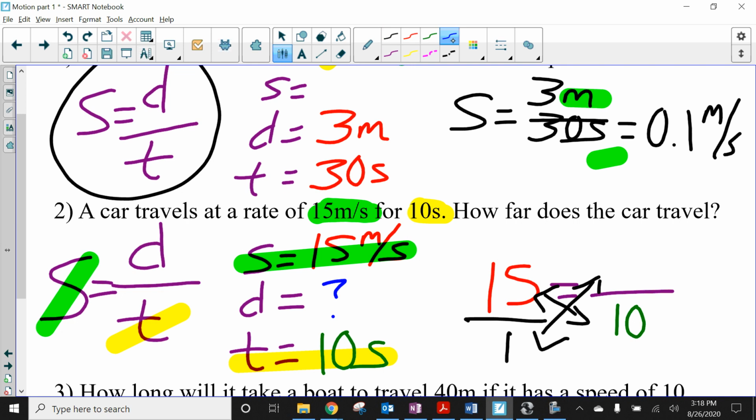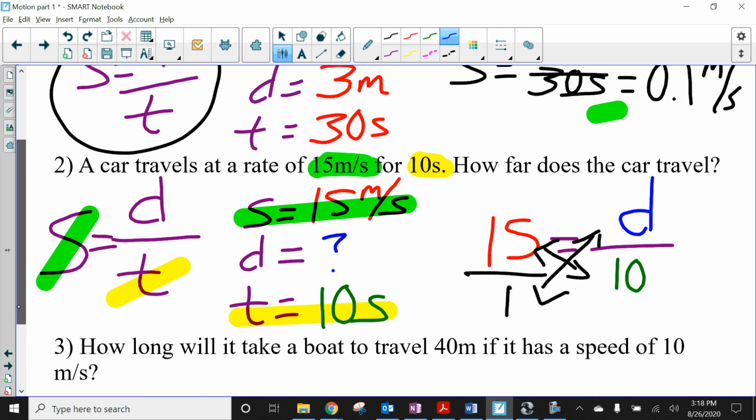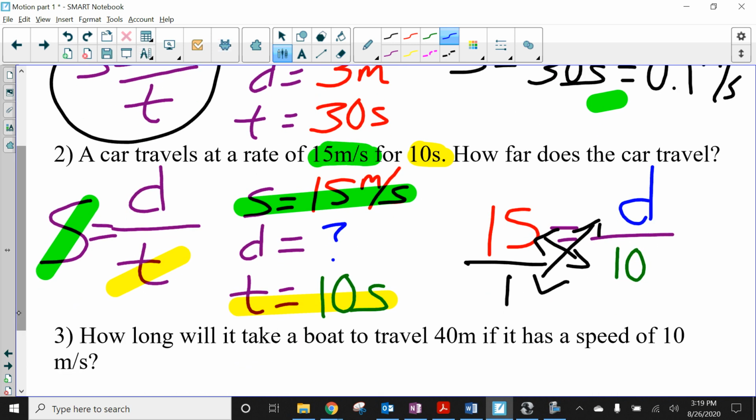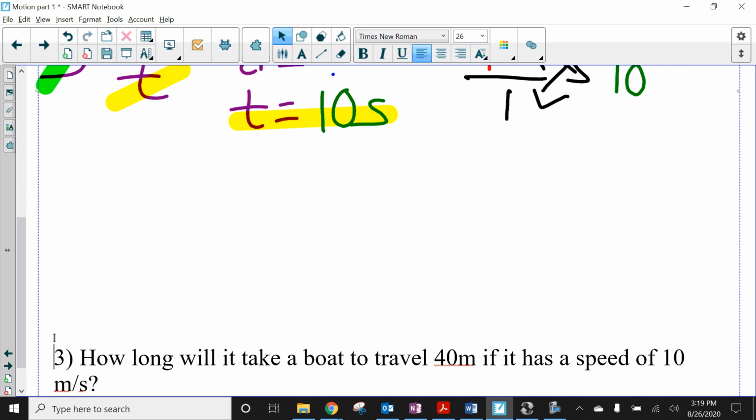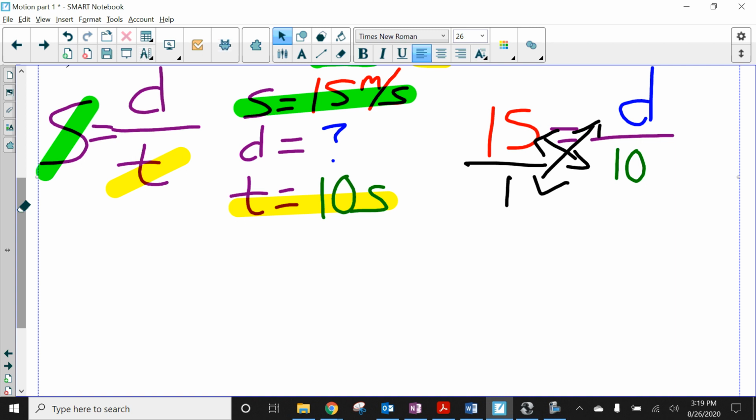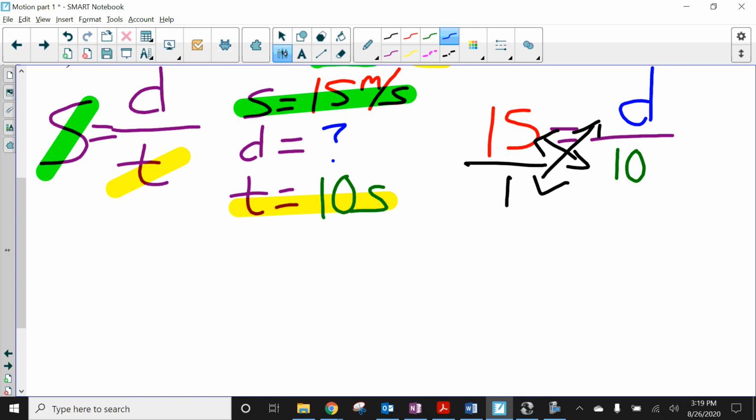So that's a D. All right, so now I'm going to get a little bit more room right here. Let's move this down so I got some room. All right, so now if I look at these, 15 times 10, we now set those equal to each other.